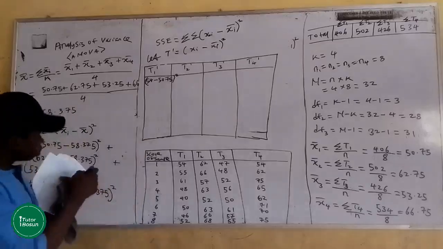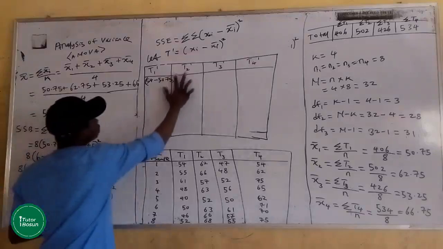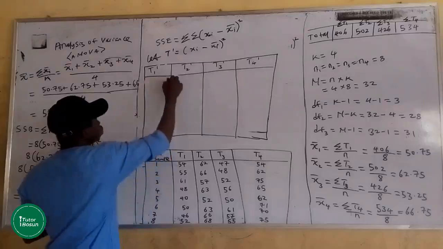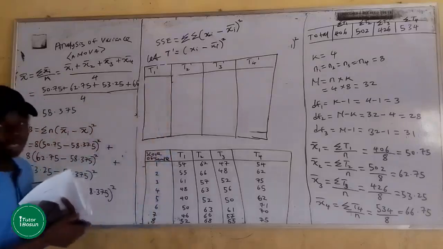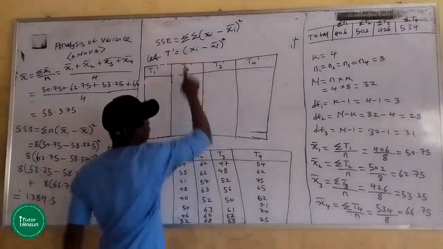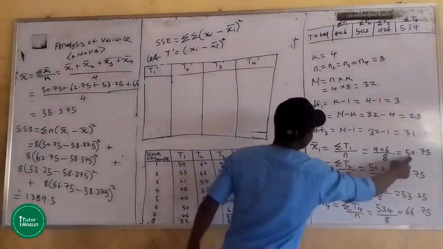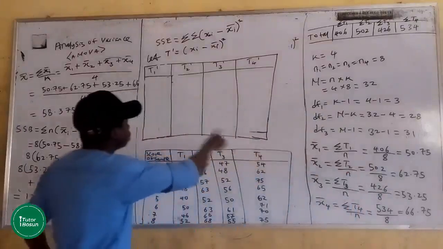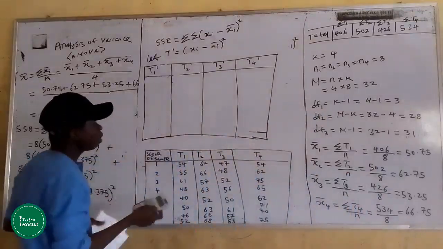To contain the space, I'll just be computing the value and writing it there. So you should be able to understand how I'm getting those values. This is xi minus xi bar, all squared.